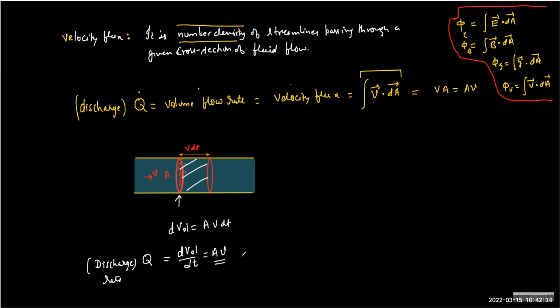If we have a situation when the velocity is varying over the cross section, which is the case in reality because of the concept of viscosity, if you remember, the liquid near the wall will be slow and the velocity will be fastest at the center.